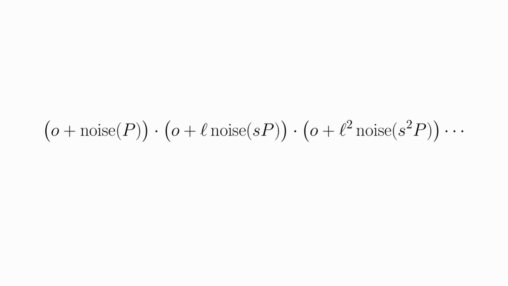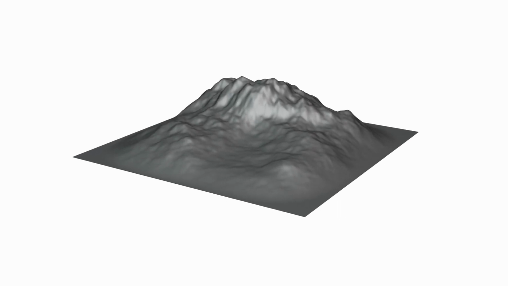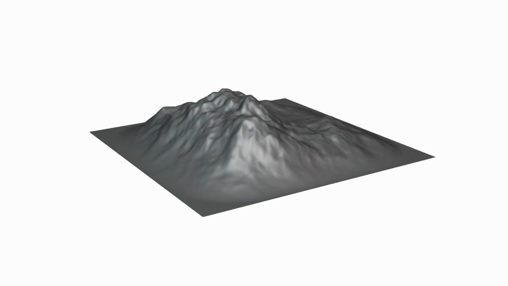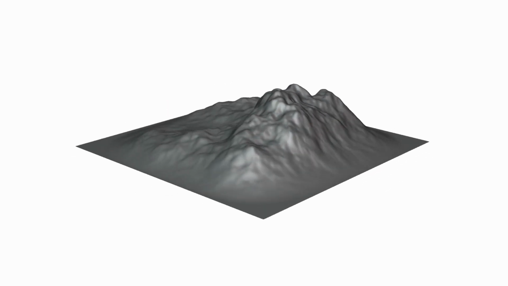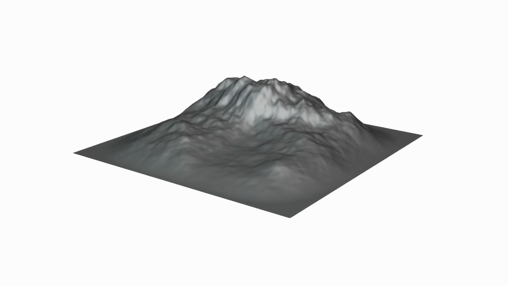Let us compute the pattern defined by the formula you see on the screen and apply it as the displacement of the unit square. The result is almost realistic right now. However, everything is somehow mitigated or scaled down because of this multiplication of the consecutive noise elements.